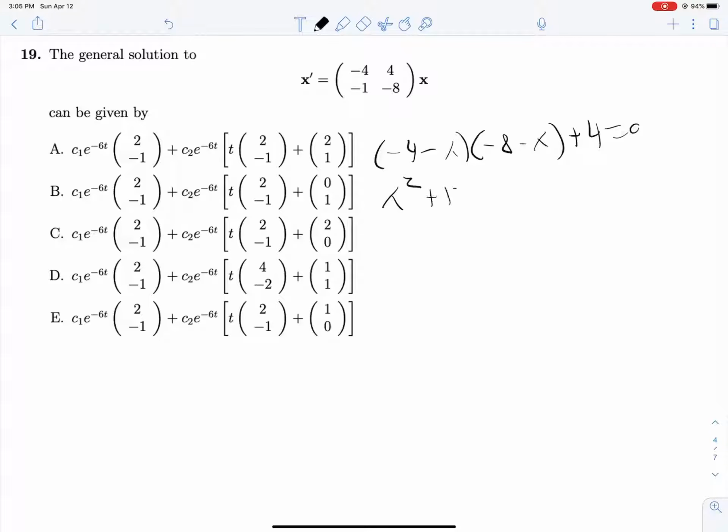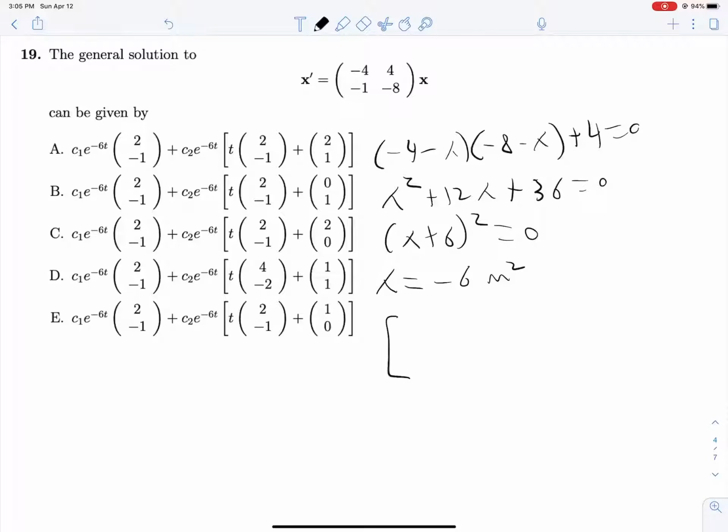Lambda squared plus 12 lambda plus 32 plus 4 is plus 36 is equal to 0. So lambda plus 6 squared equal to 0. Lambda is equal to negative 6 with a multiplicity of 2.